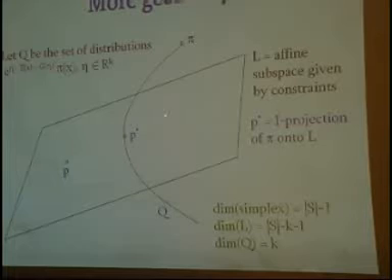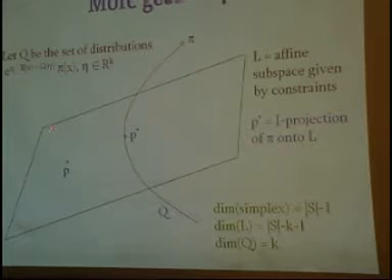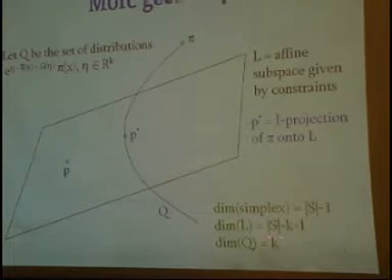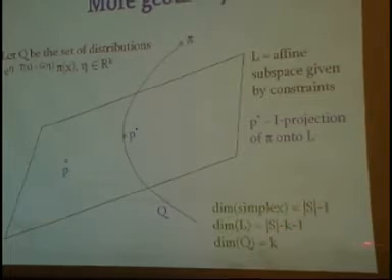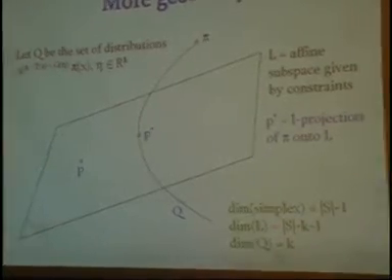Okay? What is the dimension of this subspace? Well, the subspace is defined by k constraints. Each constraint reduces the dimension by 1. So the dimension of this subspace is s minus 1 minus k. Okay? So it's k less than the dimension of the whole space. So this subspace has dimension 49,999 minus k.